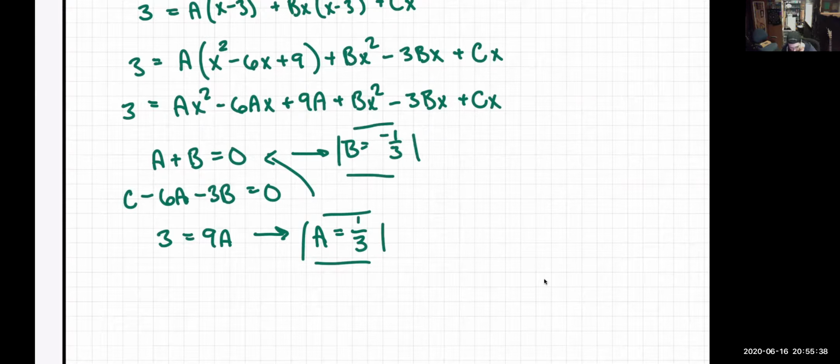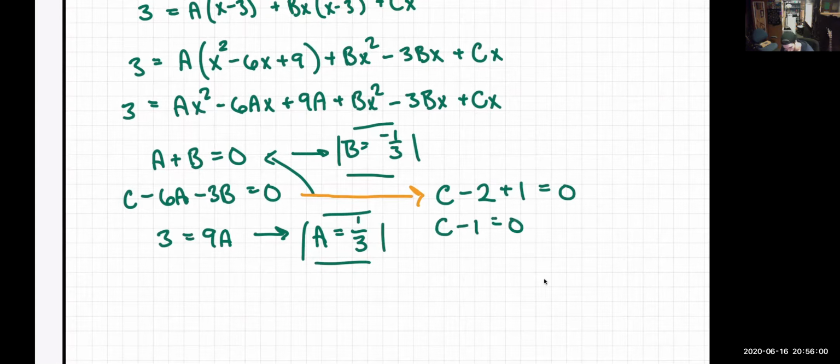And finally, we can make all of these substitutions into this last equation, because now we know 2 of these unknowns, we can just solve for the third one. This would give us c minus 6 times 1/3 is 2, minus 3 times negative 1/3 would be plus 1 equals 0. So that gives us c minus 1 equals 0, which means c is 1.